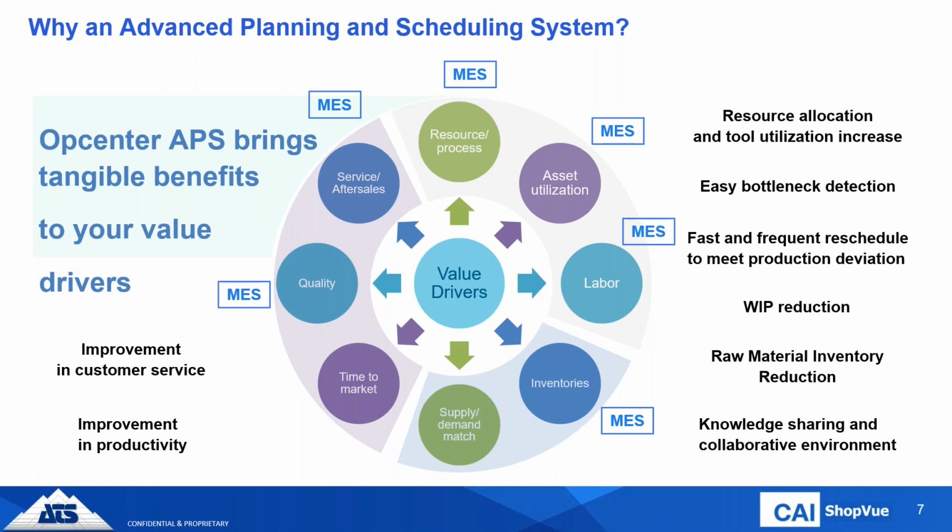And often, our customers have reported to me tangible benefits soon after deploying ShopVue, like 15% productivity improvement, perhaps a 28% reduction in scrap by managing process execution with the built-in quality controls at every step.